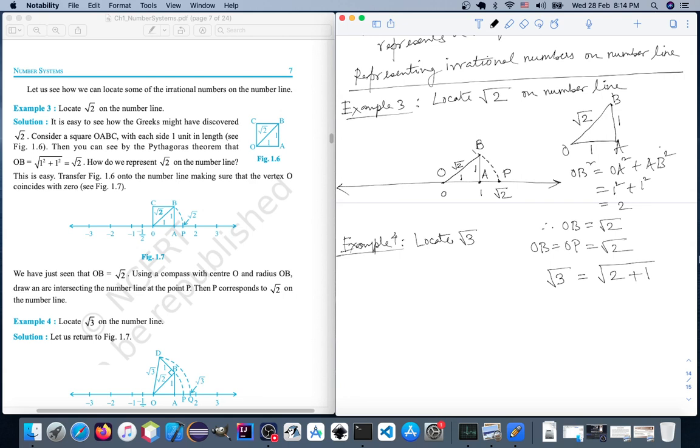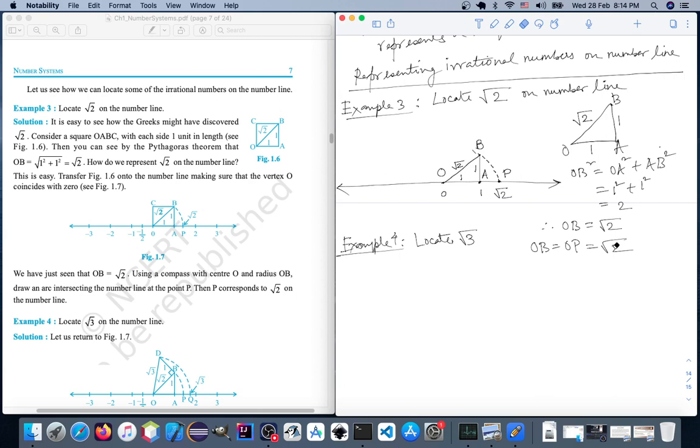First of all, using the Pythagoras theorem, how do we get root 3?